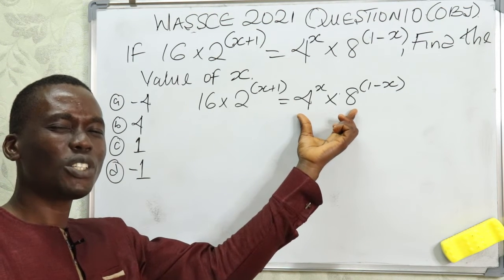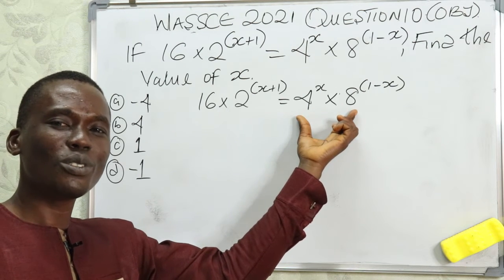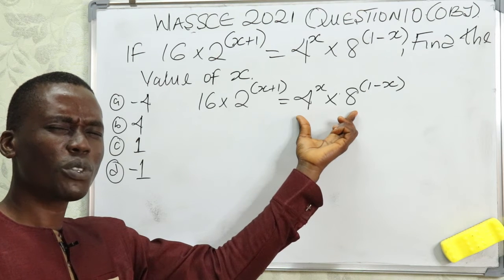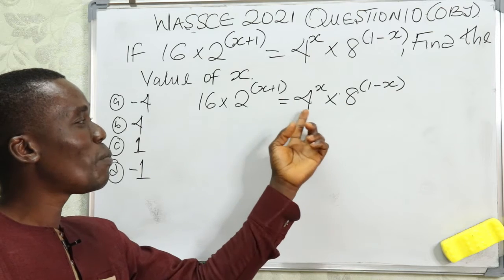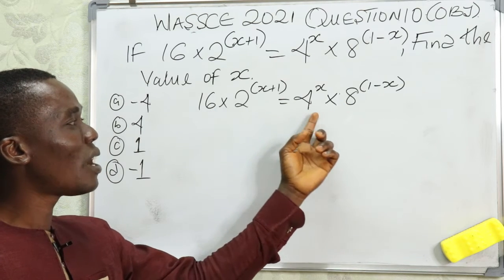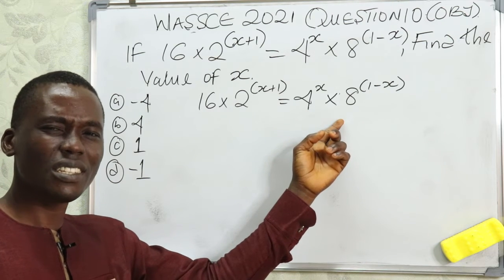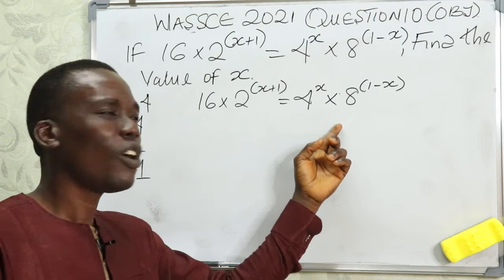So the first thing that should come to your thought is indices and the laws of indices. The next thing is how to make these values have a common base, because with indices, common base, you can easily carry out any operations.